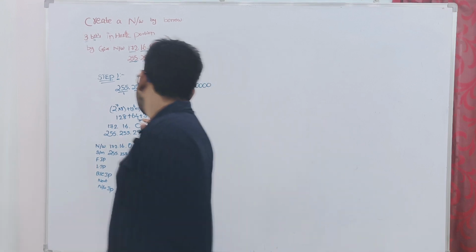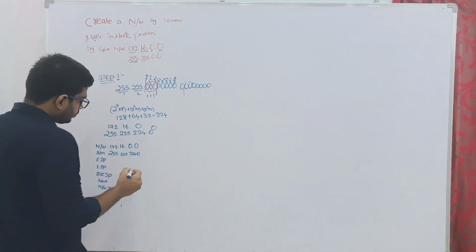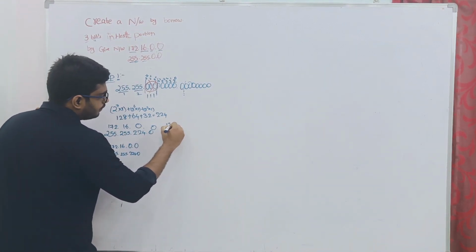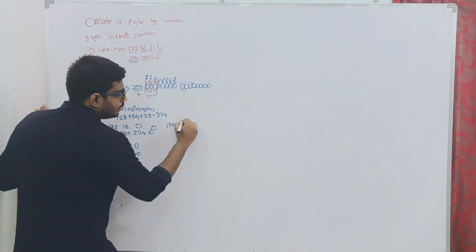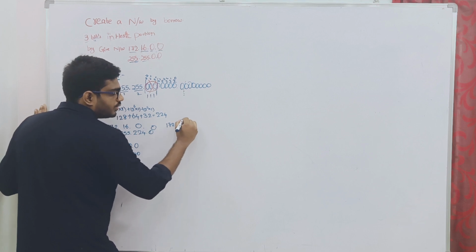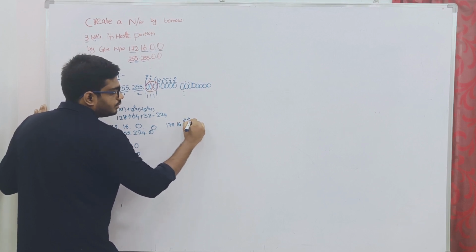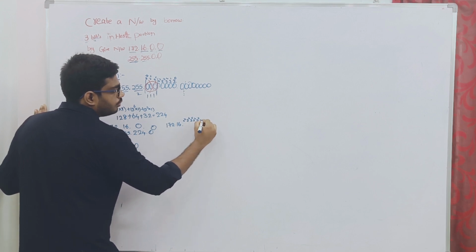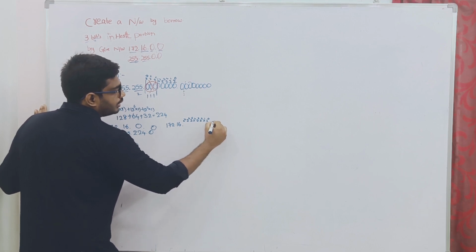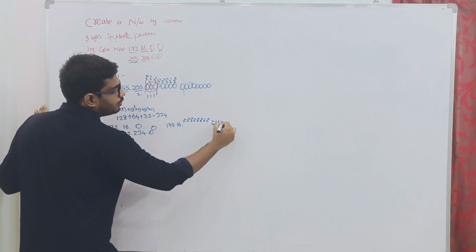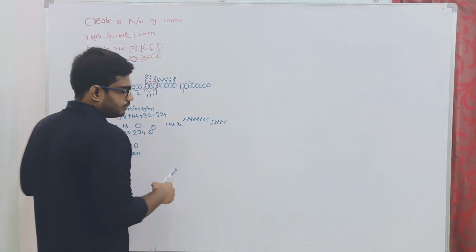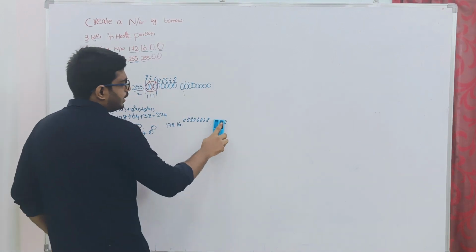So you take the network IP now. 172.16. You write on top 2 power 7, 2 power 6, 2 power 5, 2 power 4, 2 power 3, 2 power 2, 2 power 1, 2 power 0, and the same for the next octet.